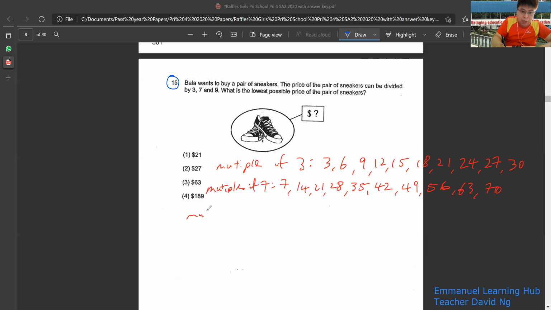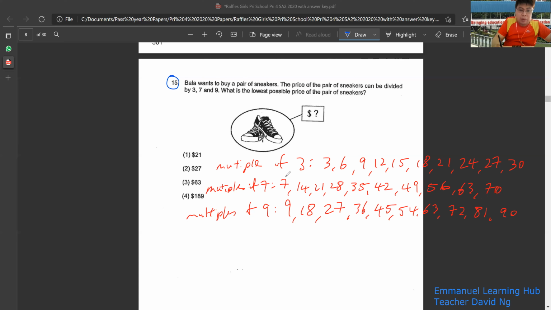How about multiples of 9? 9, 18, 27, 36, 45, 54, 63, 72, 81, 90.